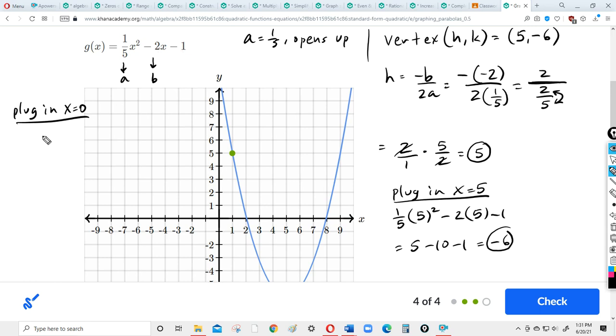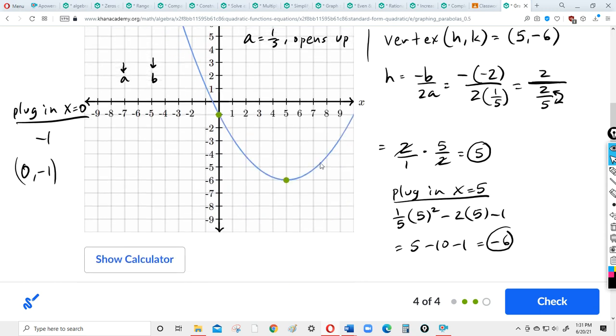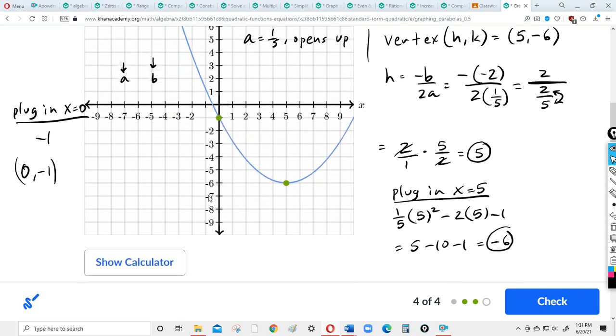And we just have negative 1. So that's 0, comma, negative 1. So that's your other point that we're going to put in. So go to x equals 0 and y equals negative 1. That's right there. And we already did the vertex 5, negative 6. That's right there.